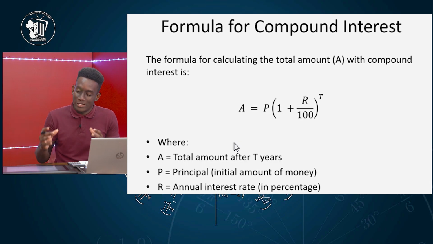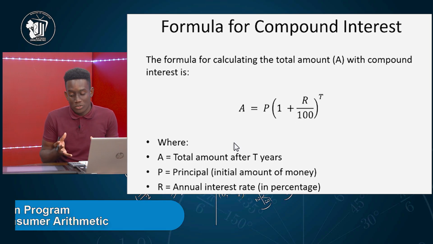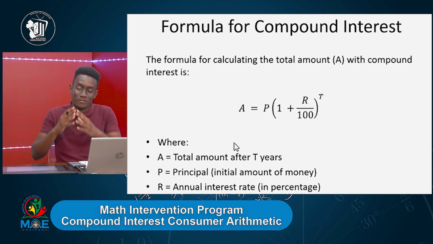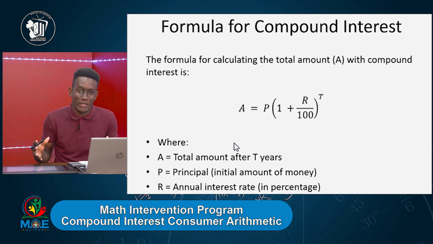A is the amount, P is the principal, which is the money that you borrow, R is the rate, and T is the time, measured in years. This formula would give you the total amount of money that you have to pay back.